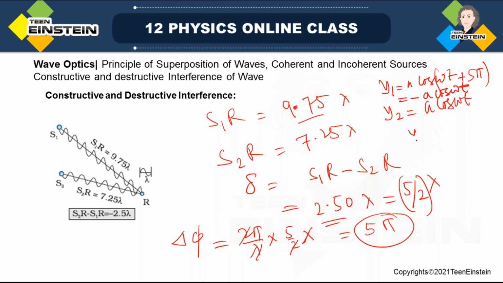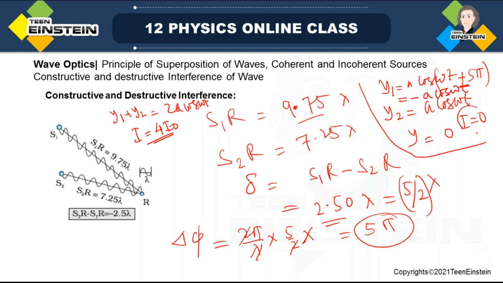Now if you add these two, what you get is actually 0. In the earlier case, we got y1 plus y2 as 2a cos of omega t, where they were additive, and intensity was 4 I0. Here your intensity will be 0.